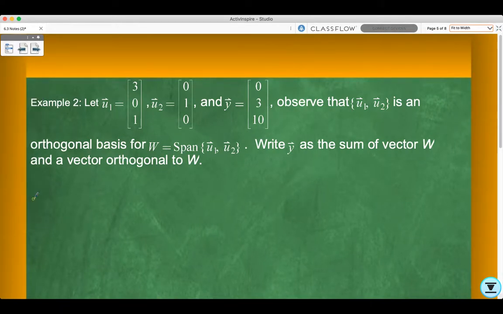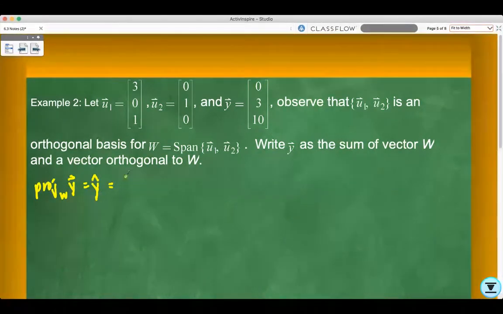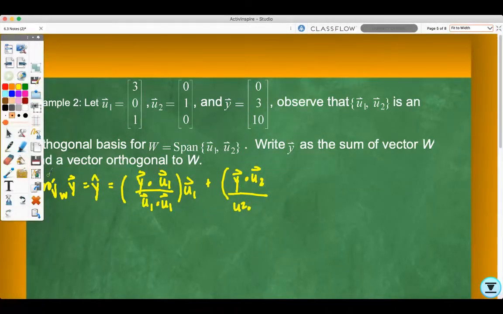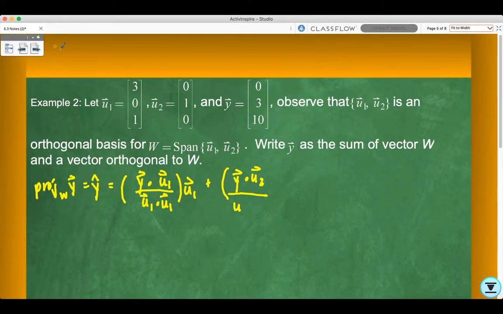So the first thing that we would do here is we want our projection of y onto W, which equals y hat. This would equal (y dot u1) all over (u1 dot u1) times u1, plus (y dot u2) all over (u2 dot u2) times u2.